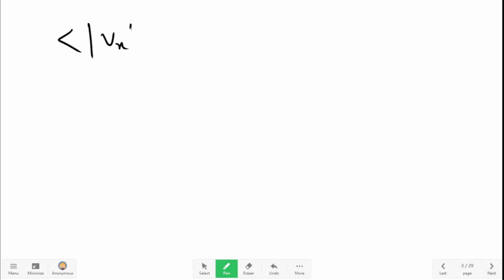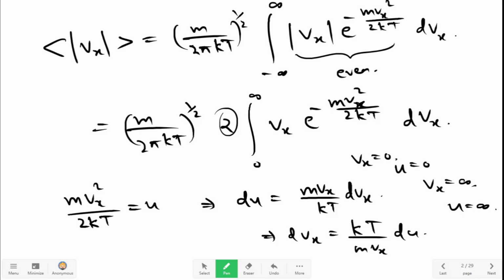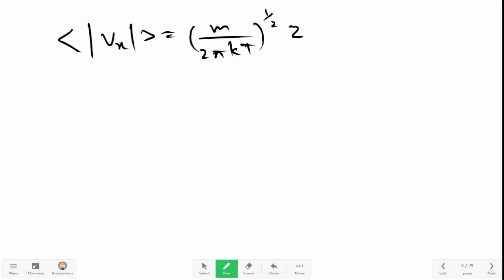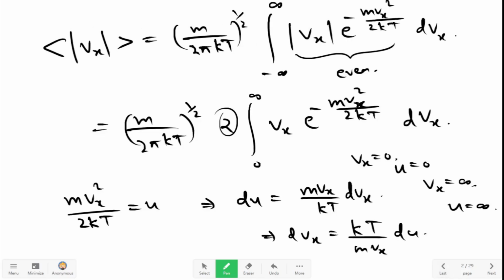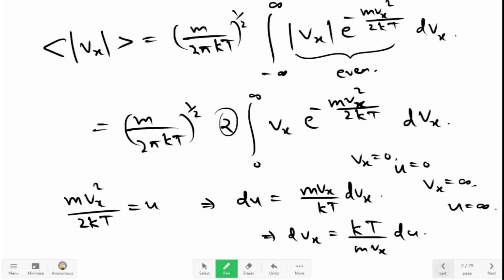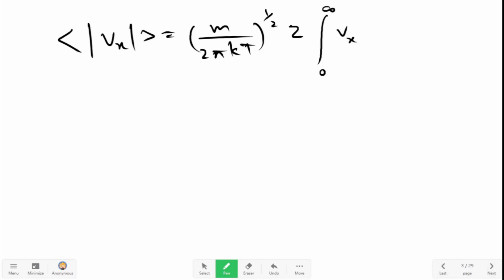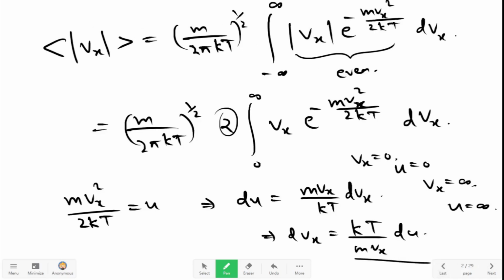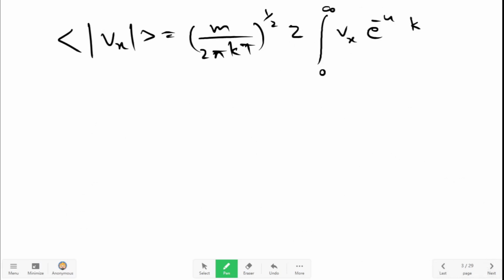Average value of modulus of Vx is equal to, constants are m by 2 pi kT the whole raised to 1 by 2, times 2, integral 0 to infinity Vx e raised to minus u, with dVx equal to kT upon m Vx du.